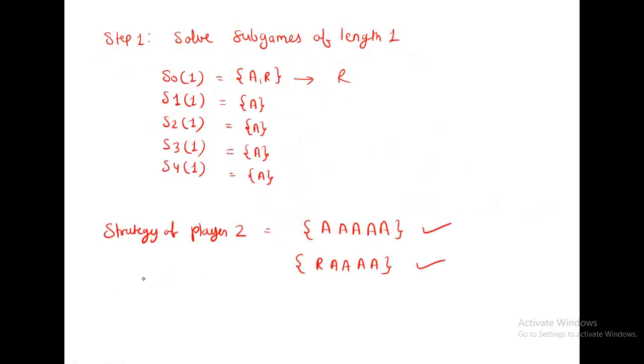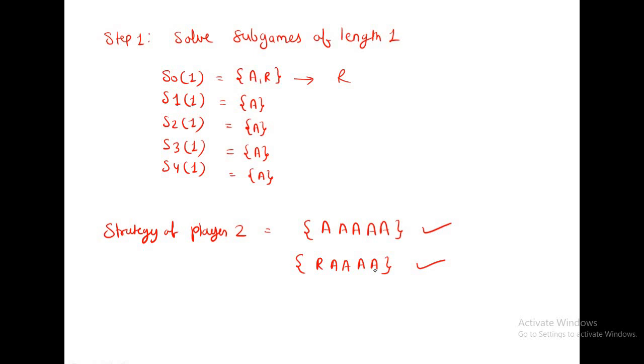In the previous slide we already calculated that two strategies are possible for the player 2. I have considered the first strategy and we have got the best offer for the player 1 is 0. Now if I consider the second strategy, that is RAAAA.